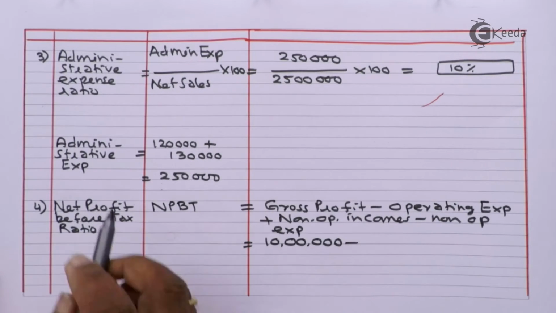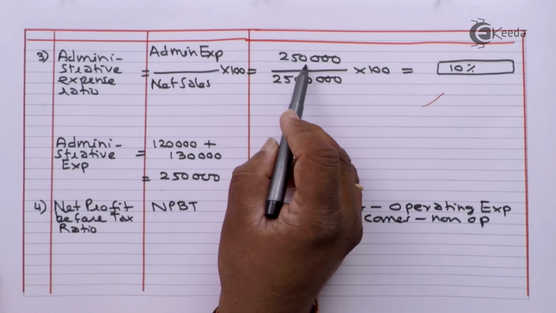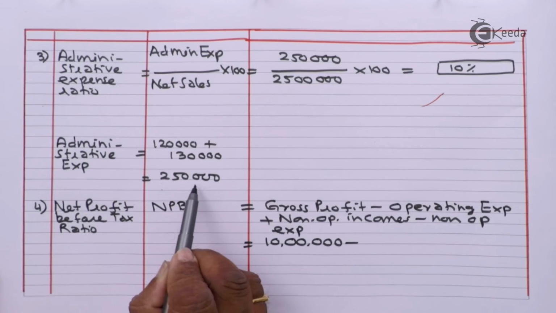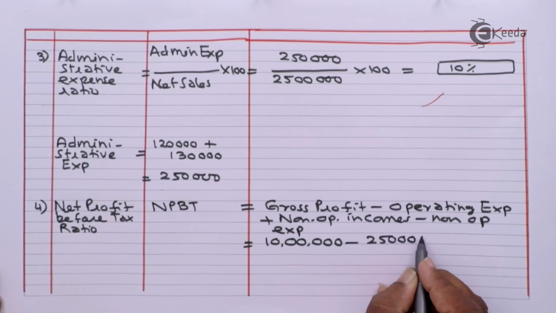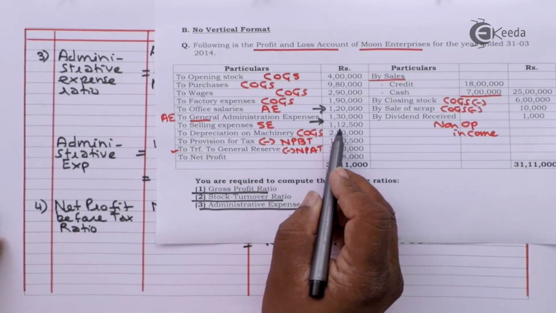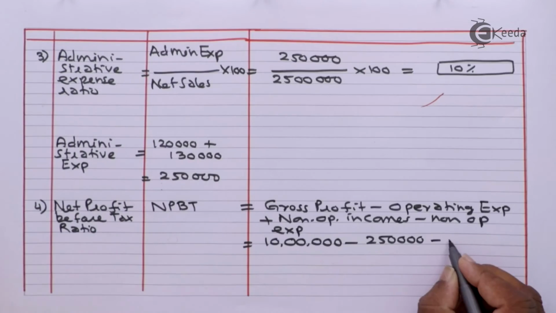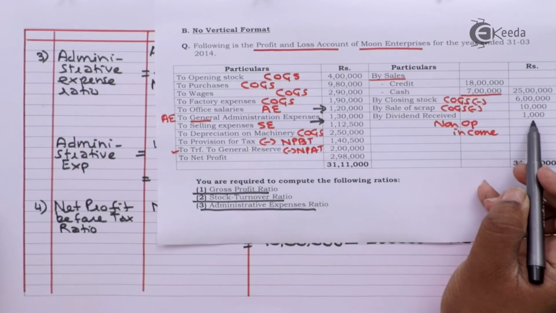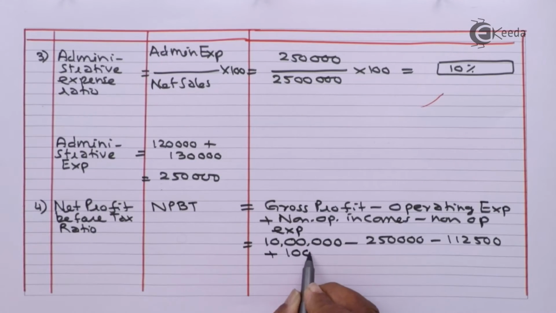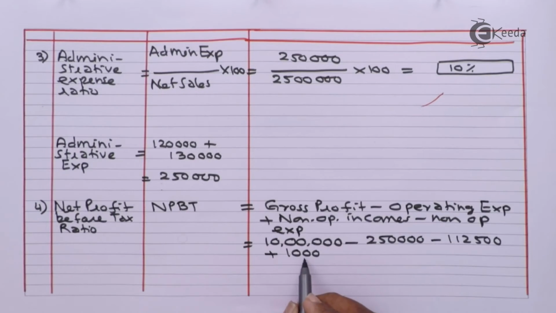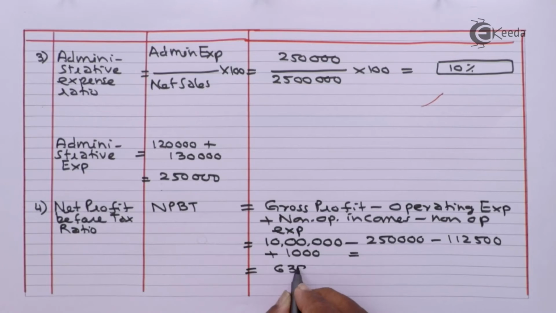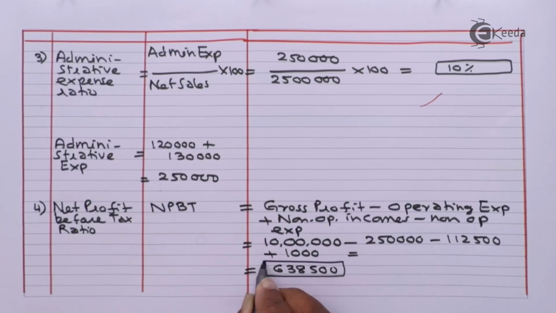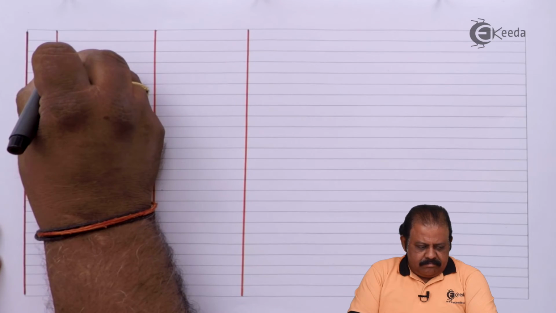Minus operating expenses, here we have administrative expenses calculated 2,50,000. Selling expenses we have 1,12,500. Dividend received, non-operating income, 1,000 rupees, plus 1,000. So net profit before tax we got 6,38,500.